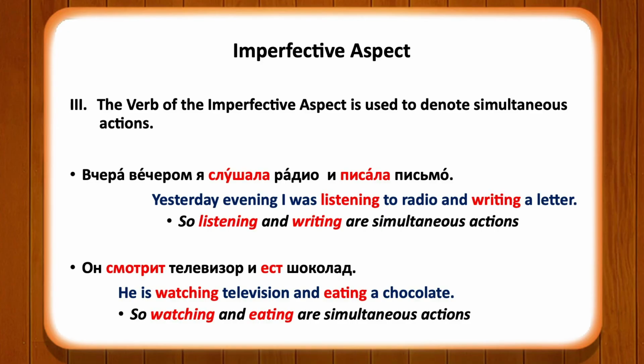The third condition to use imperfective aspect verb is to denote simultaneous actions. It means the two actions which take place simultaneously. So the verb of the imperfective aspect can be used to denote two actions which take place at the same time.